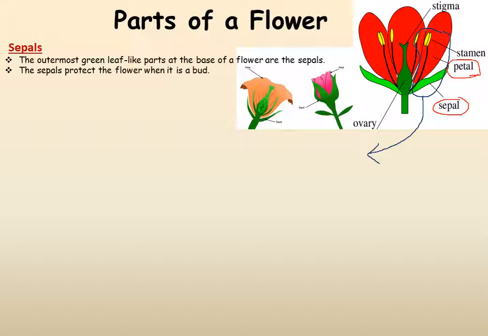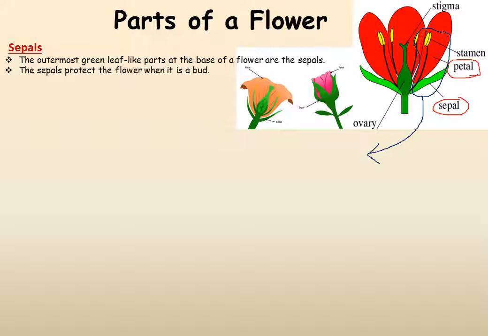Yes, this one over here, that I have circled. The green colored leaf-like part is called the sepal. In the examination, you will be given a picture and asked to mark the different parts of a flower. So learn now itself what a sepal is and where it is. This is called the sepal of a flower.